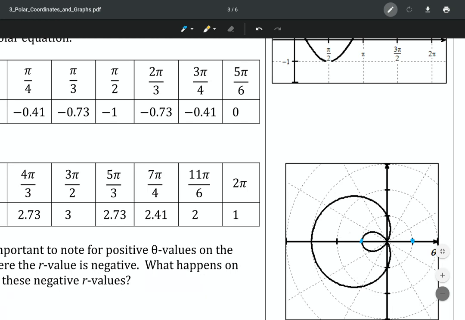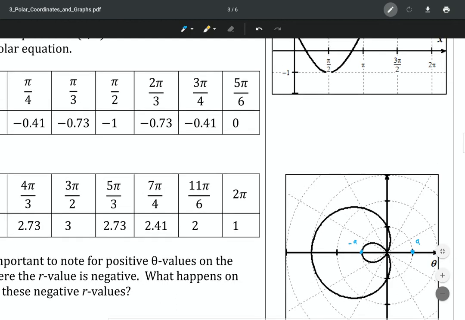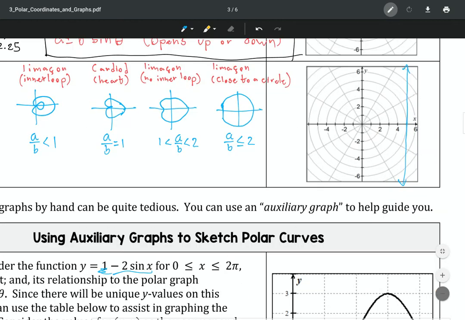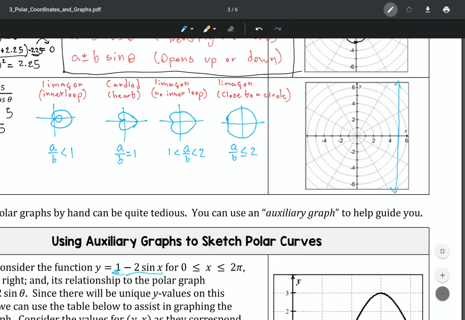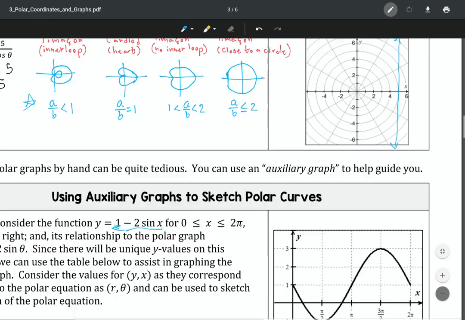So I'm going to call this negative A and positive A. That's really how you start. And then you have the inner loop part, which is a little funny, but all of these that I'm about to write apply to almost all of them. You do have to know this in order to know what I'm talking about here.